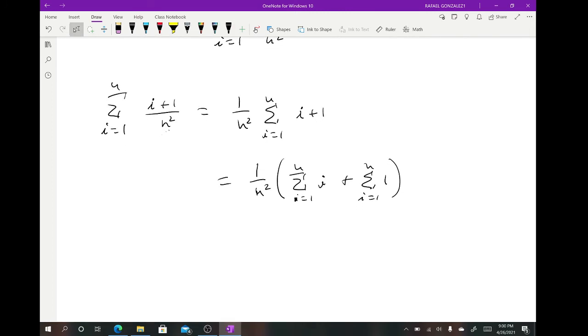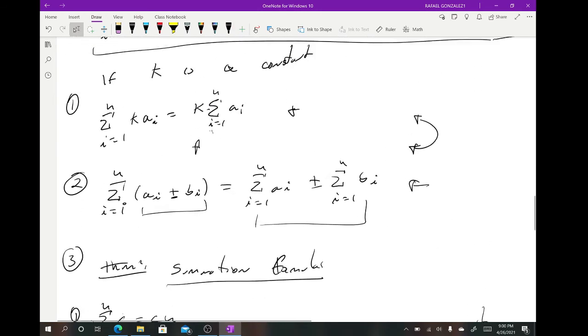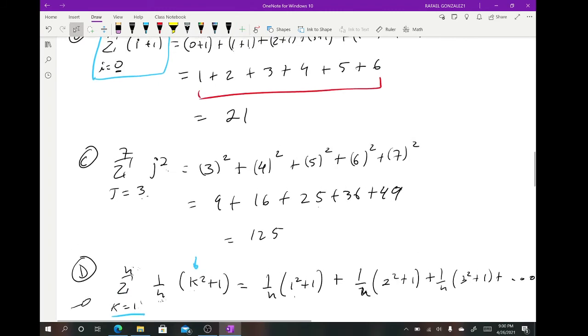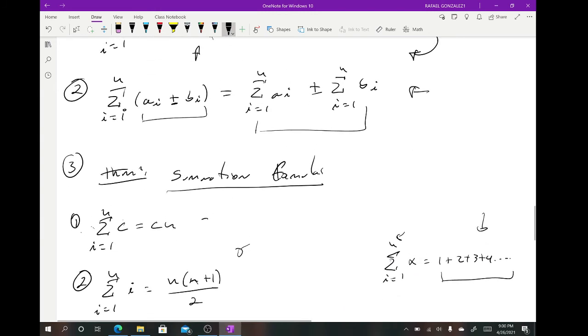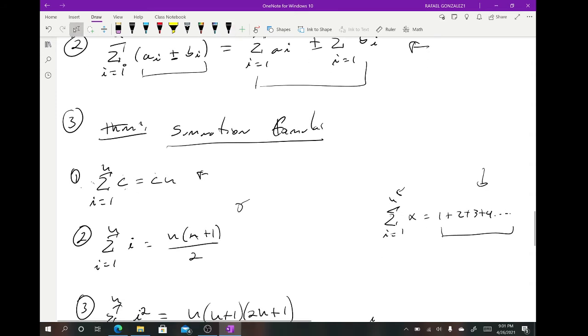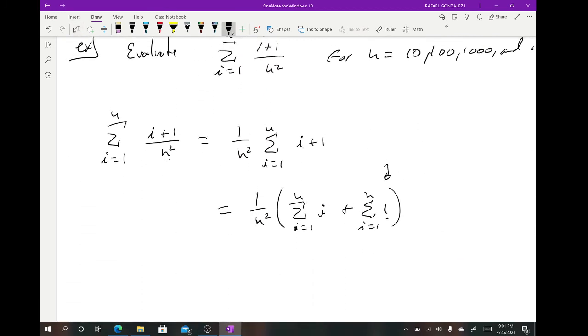And guess what? This is like the first fact that I have up here, because I told you that if we factor the c, this is just cn. In this case, our c is 1, so this is going to be n. So we know what this sum is going to be equal to.